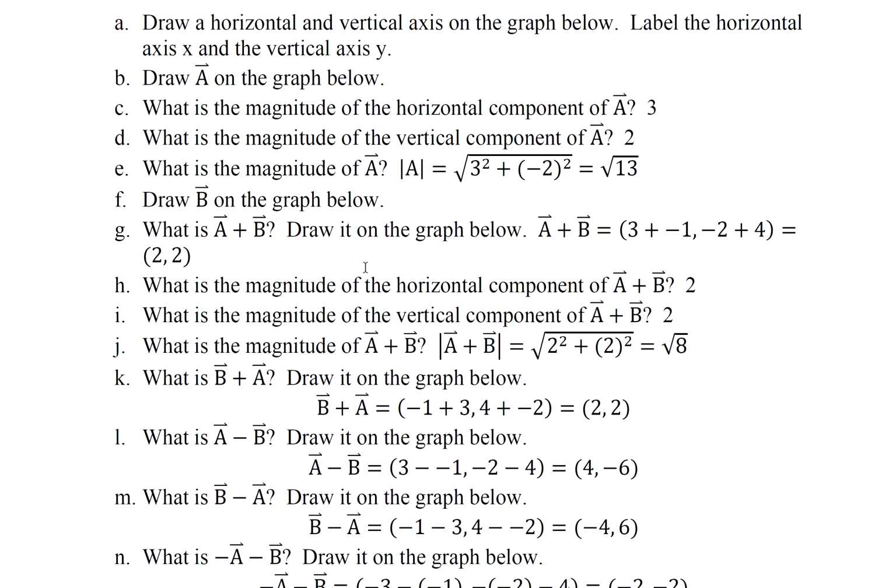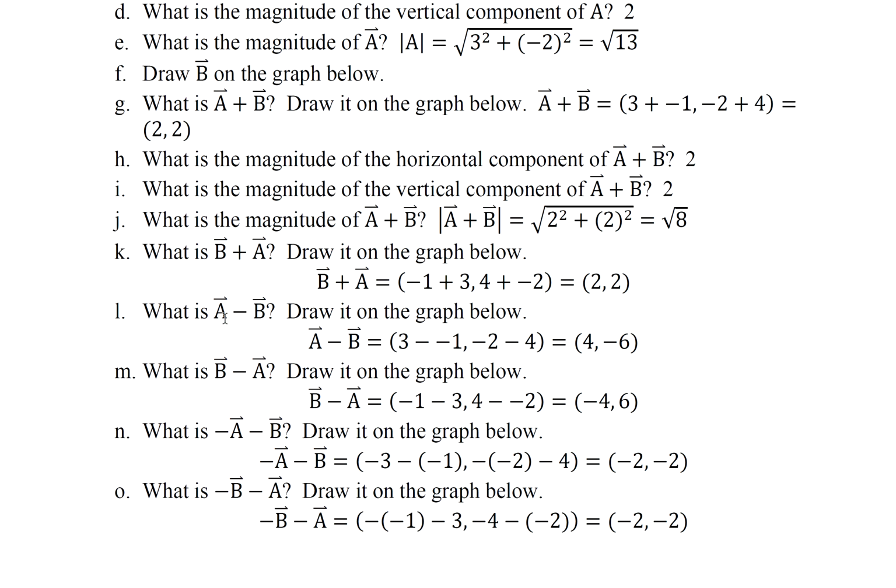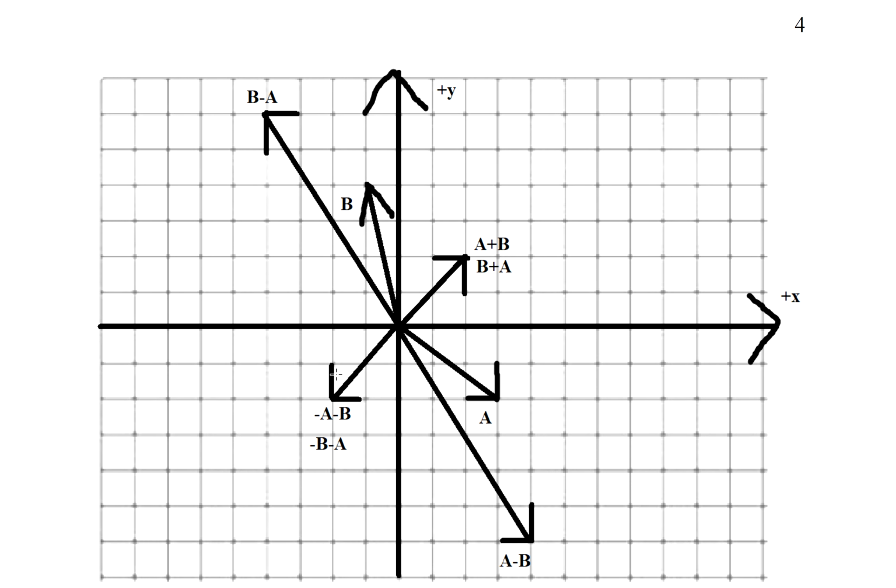Part G, what is A plus B? Well, A plus B is going to be the x component plus the x component, comma, the y component plus the y component. So we have 3 plus -1, which is 2, and -2 plus 4, which is 2. So that's A plus B. And we could draw it on the graph below. 2, comma, 2.